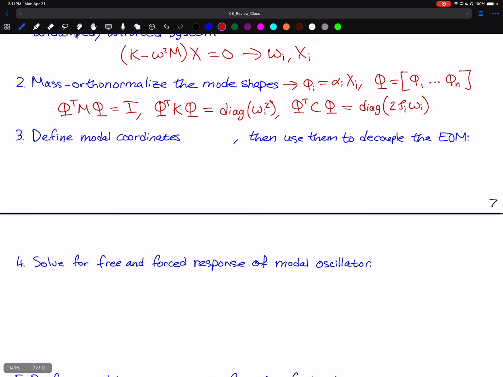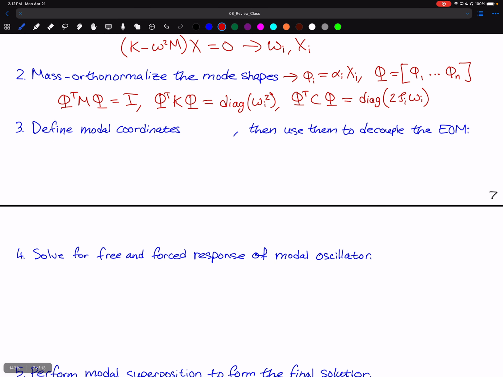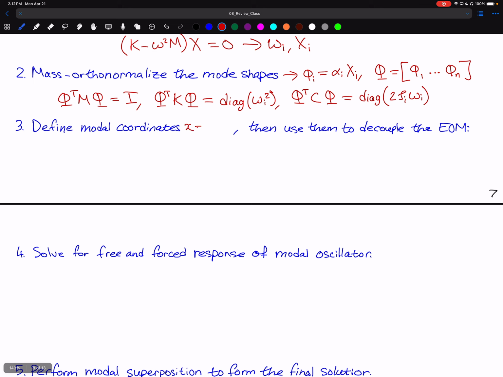All right, from here we're going to want to define modal coordinates. This is where we'll say that the vector x is going to be equal to the modal matrix phi multiplied by some modal coordinate vector eta. And then we're going to use that to decouple the equations of motion. Specifically, we are going to substitute that into our equation of motion and then pre-multiply by phi transpose.